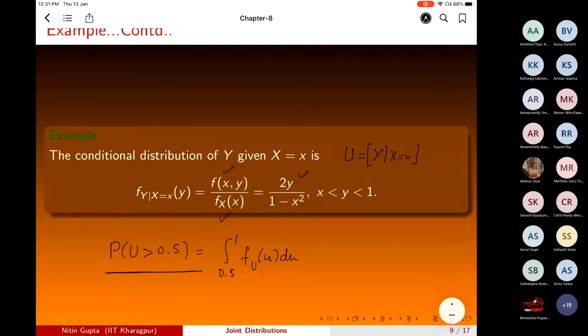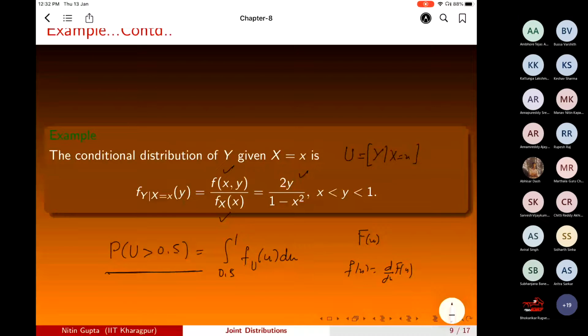Sir, why find the conditional distribution? Because they are used to find out the probabilities, and mean and variance, etc. Okay, sir, understood. Because you have the CDF, and the derivatives of CDFs are known as the probability density functions.